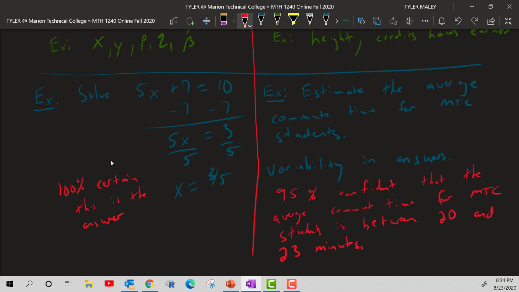Right? So notice we're able to have what we call a confidence interval. We're 95% confident that somewhere in between these two values would be the true average commute time, the true mean, right? But we don't know for certain. And the reason why we have this range of values in statistics is it's really difficult to actually get the data values for every subject that you're trying to study, right? So for everyone in the population, and we'll define some of those terms.